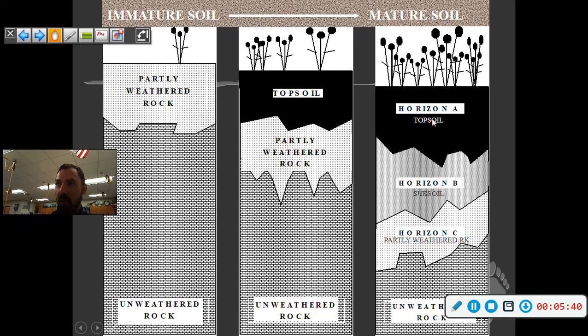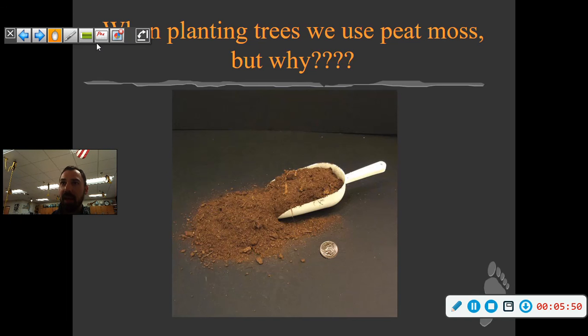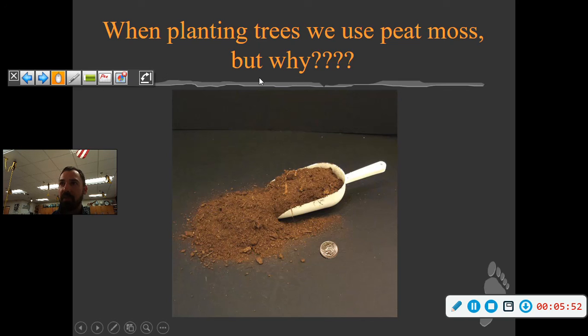The more organic matter that is in the soil, the more plant growth, and that's going to lead to more plants in the area in general. So when planting trees, we use peat moss, and sometimes we dump a bag of extra topsoil in it. The reason why? Because it contains more organic matter.